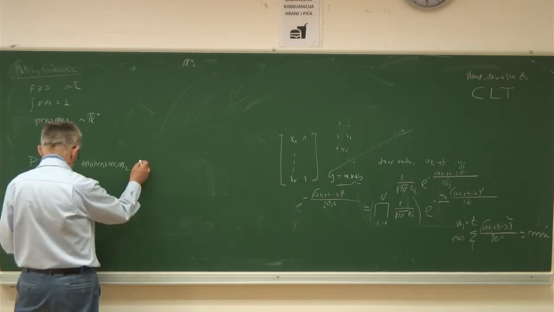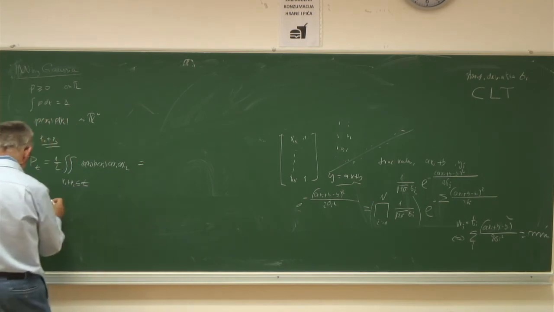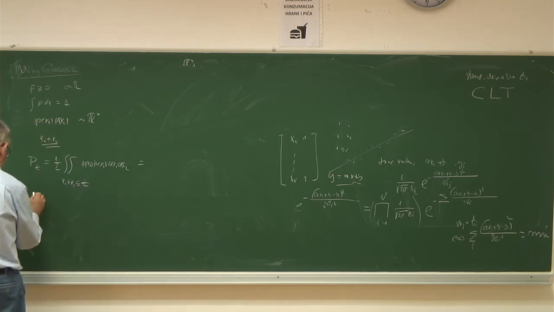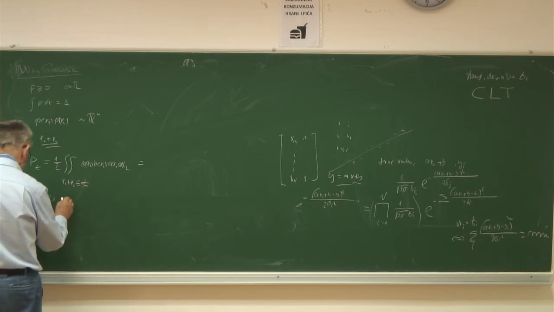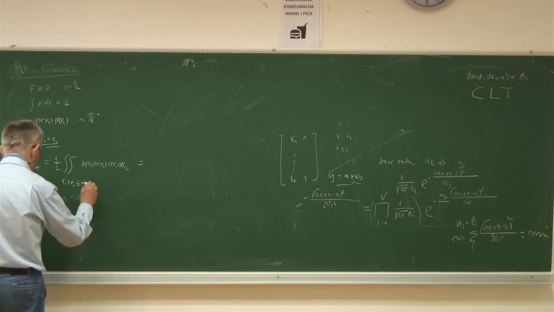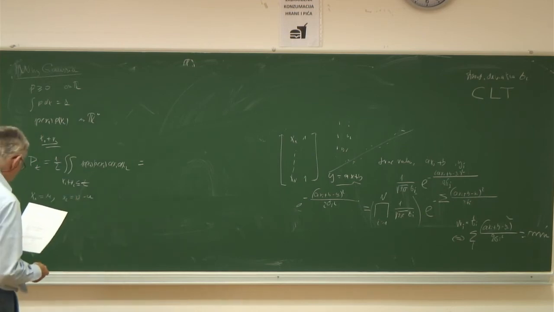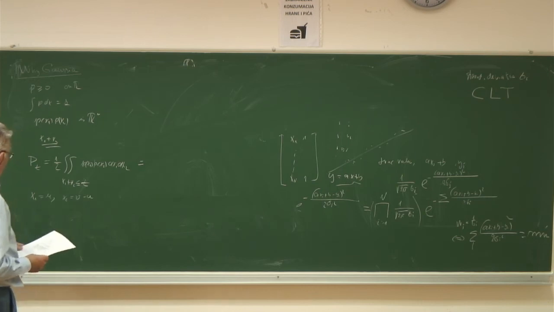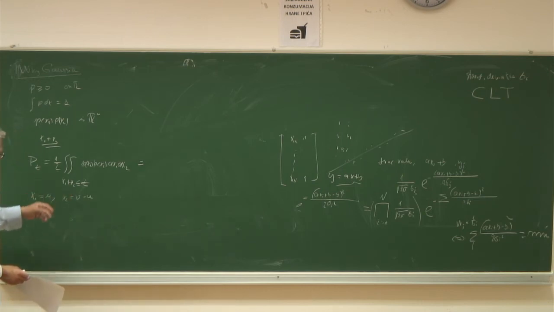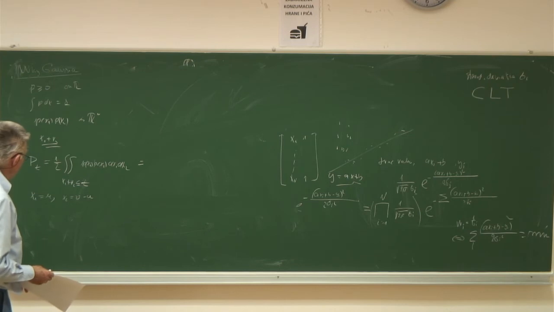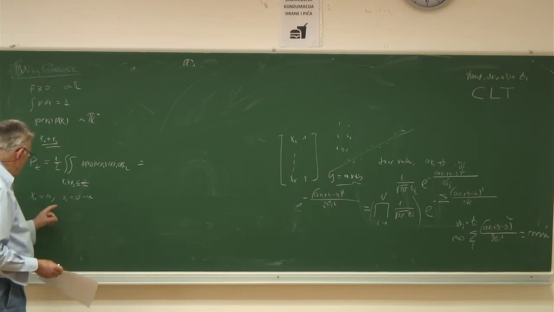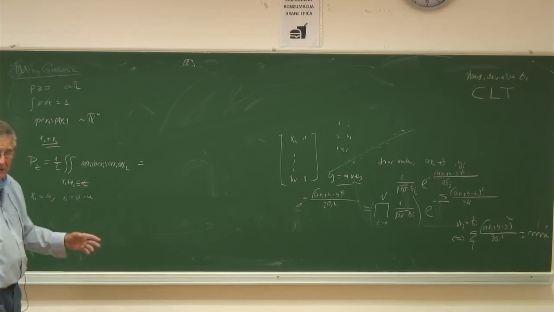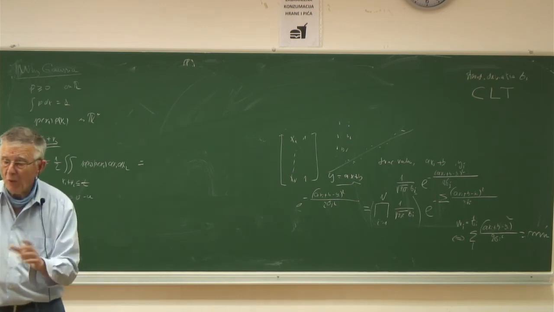Starting with this, take new variables: x1 equals u and x2 equals v minus u. We're changing variables, so you must look after the Jacobian. And this is 1. The determinant of this transformation is equal to 1.